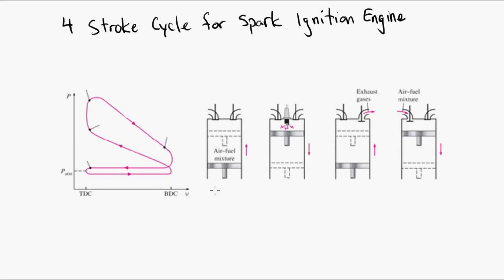First we have the compression stroke, in which the piston moves to the top, or the TDC, and the fuel and air mixture inside the cylinder gets compressed. The second stroke is the power stroke. With spark ignition, the fuel and air combust and the piston moves down. Finally the exhaust stroke, and then the intake stroke.